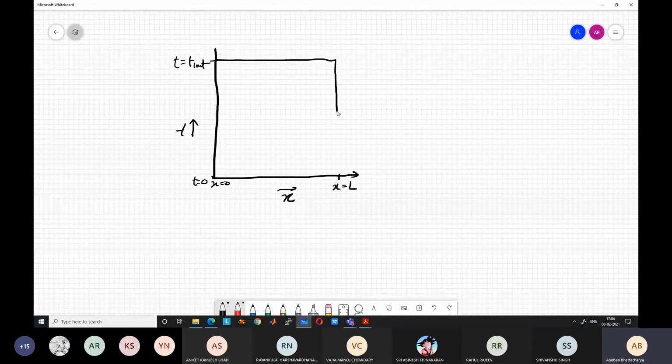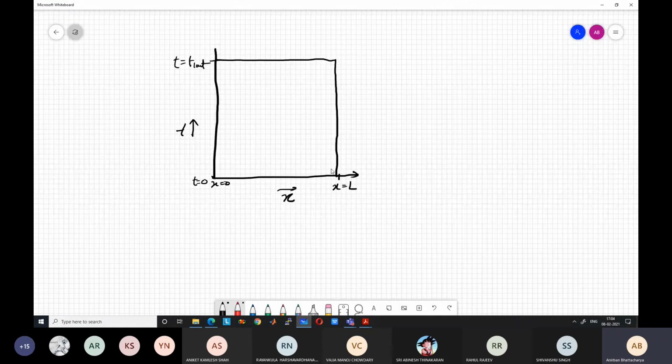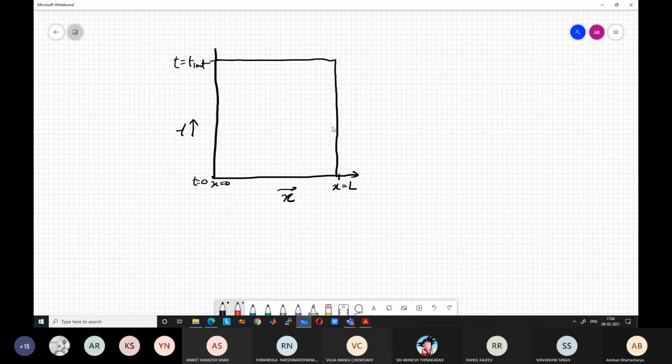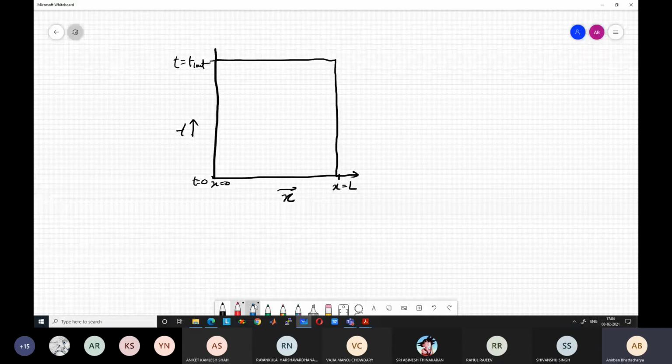Now, at a certain time, say at the beginning itself, I'll draw another line, say t equal to t1, 100 seconds.